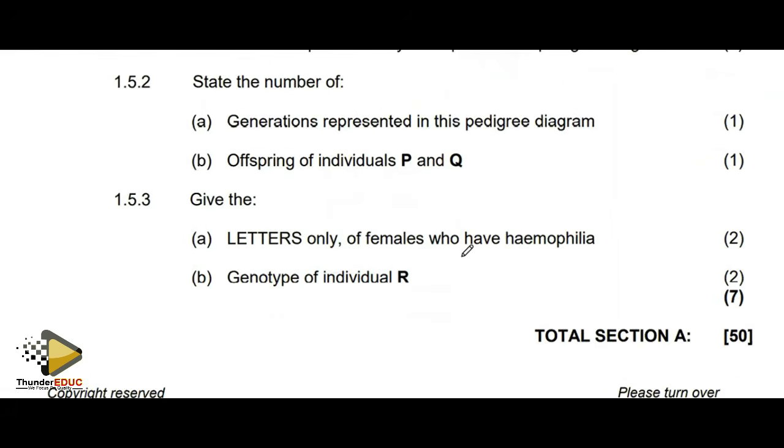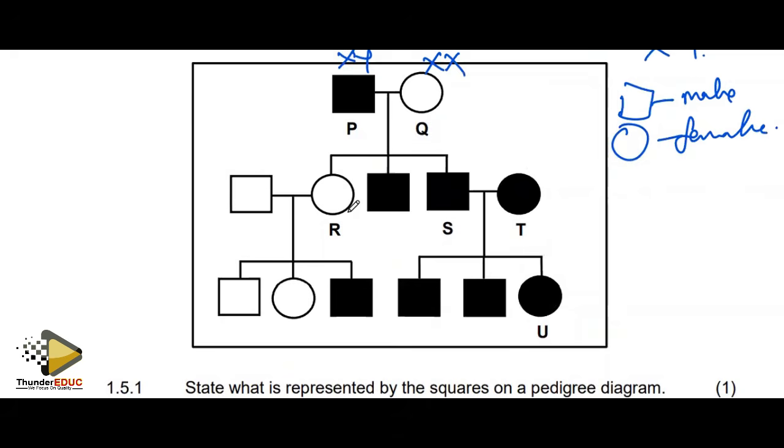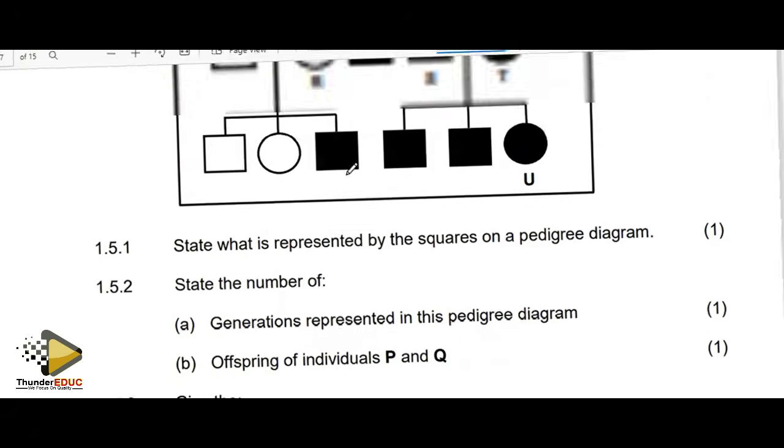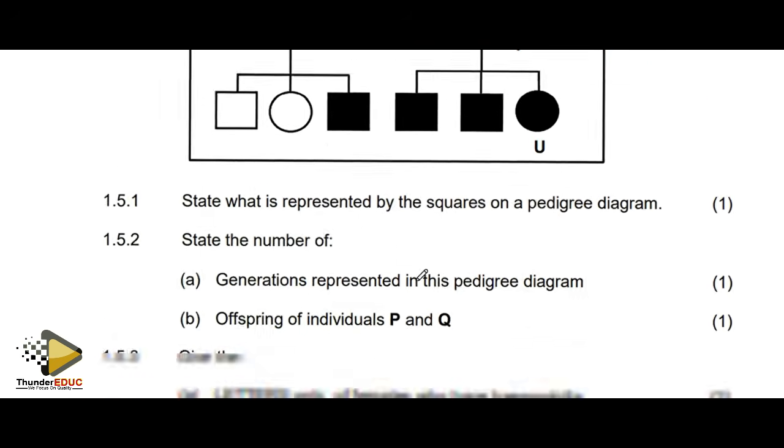Then give the genotype of R. Where is R? R is a female, but a female who came from a guy who had hemophilia. So it means that she is heterozygous. This one and this one gave rise to a baby who is sick with hemophilia, which means the lady is heterozygous.